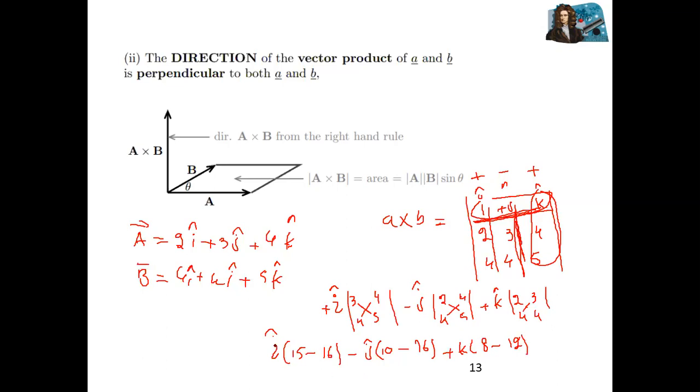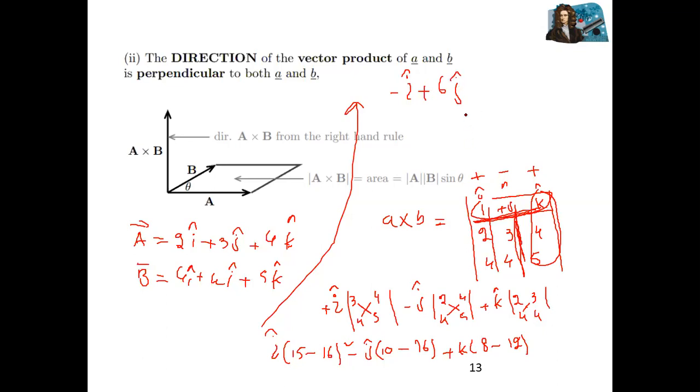So let me write here. You can see 15 minus 16 is minus 1, it means minus I. Next one, 10 minus 16 is minus 6, and multiplying with the outside minus, it equals plus 6j.